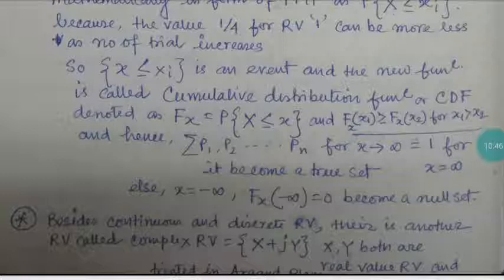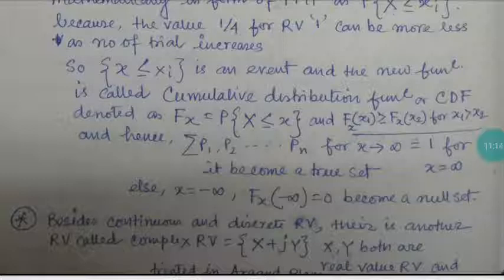If x1 is greater than x2, then obviously the cumulative distribution function F of x1 must be greater than or equal to F of x2.